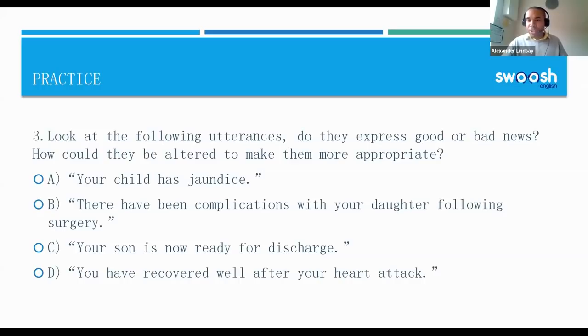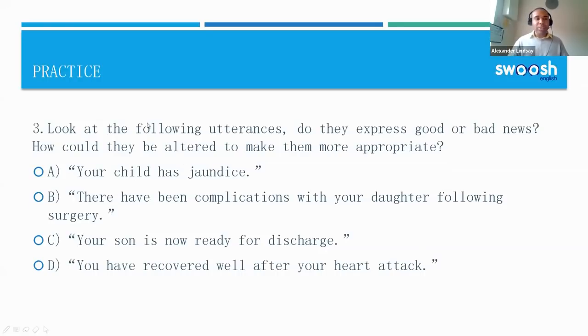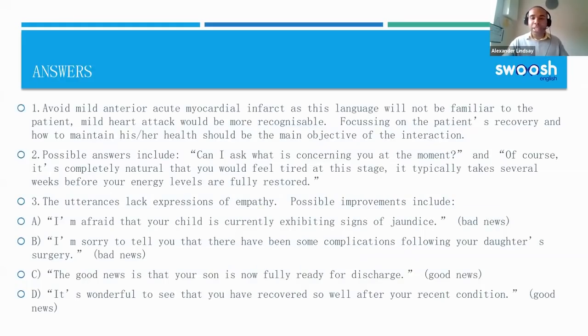Okay, then. Some really good suggestions, some really nice ideas. Here are some possible answers. A lot of it is what we've already said together, so we don't have to spend too much time on this. But we looked at A and we acknowledged the language which was not appropriate.